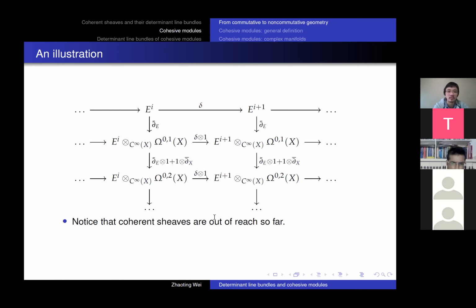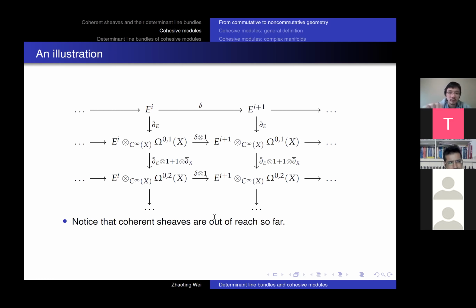The delta corresponds to the differential of the complex, and that's the horizontal map. And the vertical map corresponds to the D-bar operator that gives the holomorphic structure on each component.